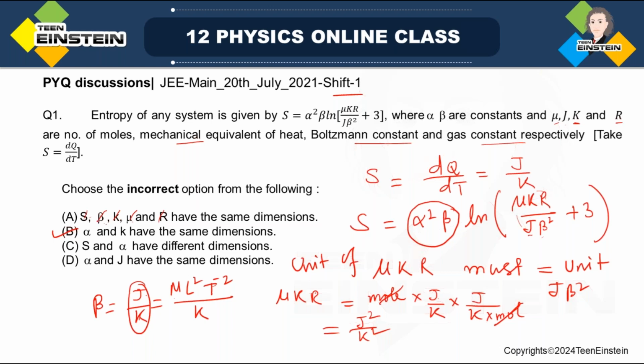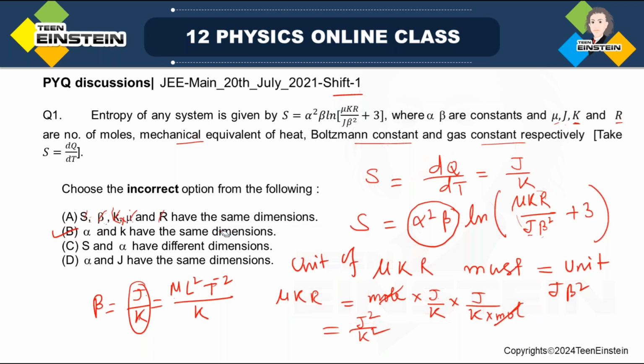S, beta, K, S and beta. Okay, I understand. So S, beta, K, mu, this will be multiplied. K into mu and R have the same dimensions.